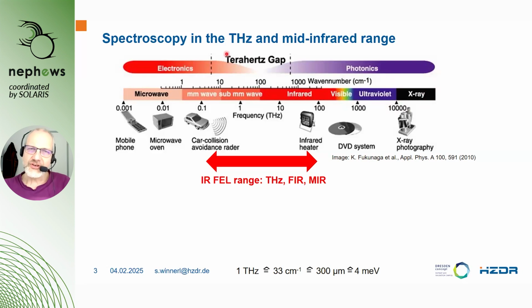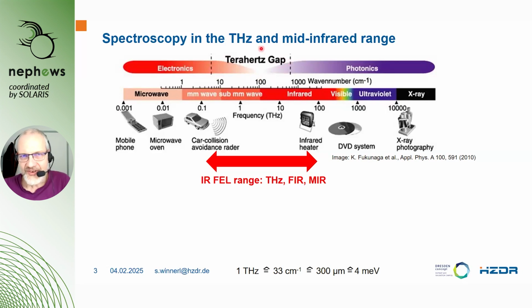We are using free electron lasers in the infrared and terahertz region, and there's this terahertz gap, which is loosely defined by the region of, say, 0.3 terahertz to 30 terahertz. The boundaries are really not strict. This depends a bit on the community you're talking about.